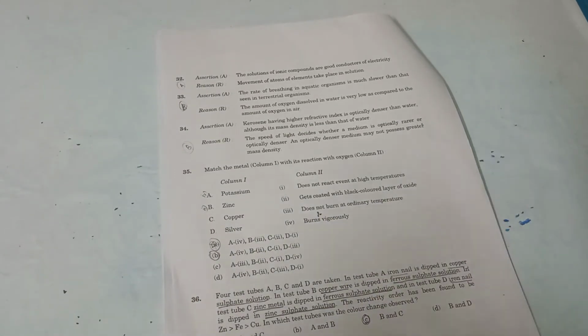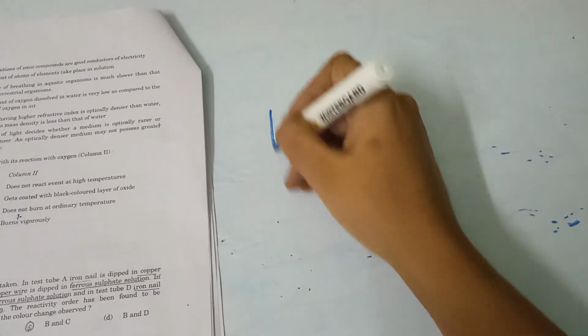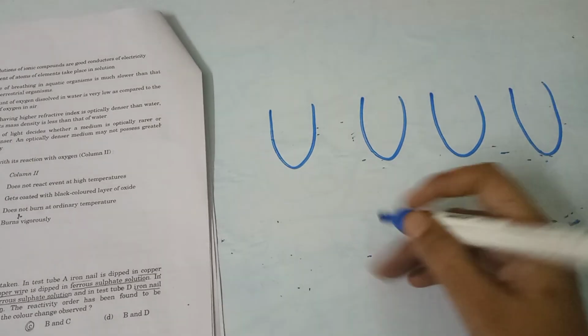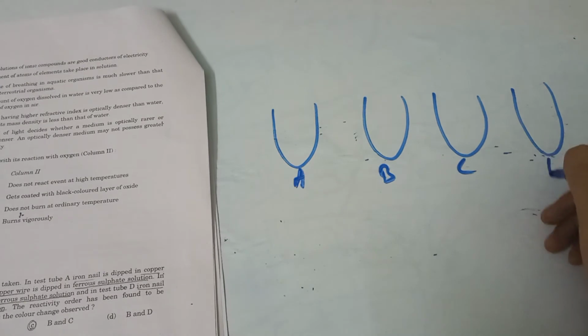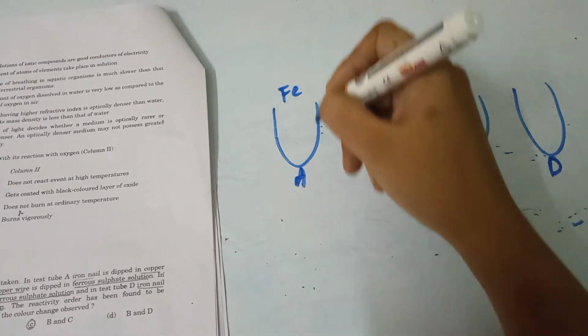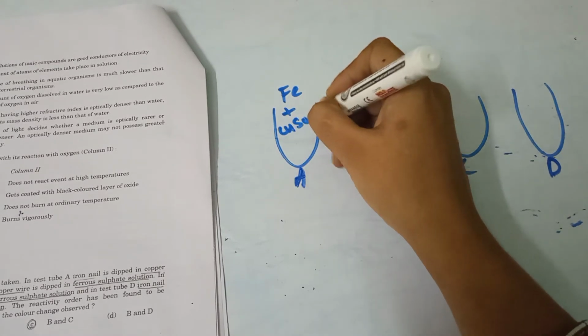Now in the 37th question, four test tubes A, B, C, D are taken. In A, an iron nail is dipped into the copper sulfate solution, CuSO4.